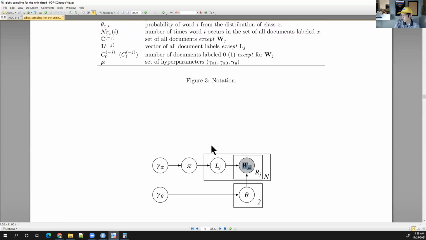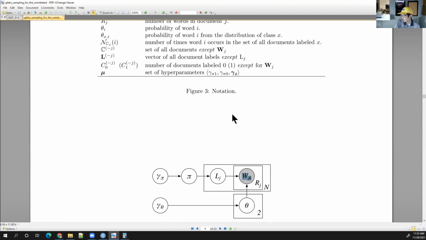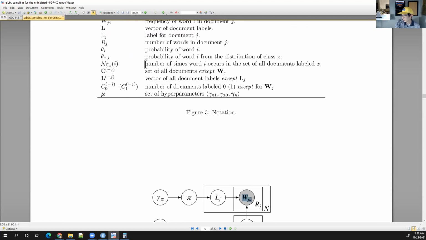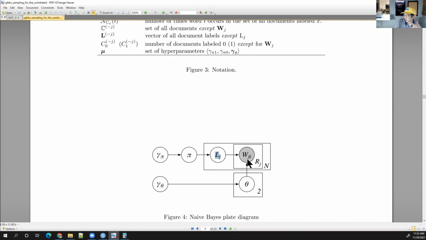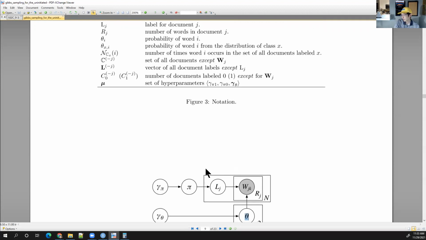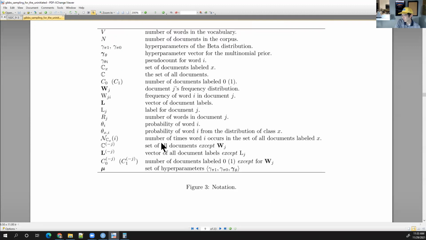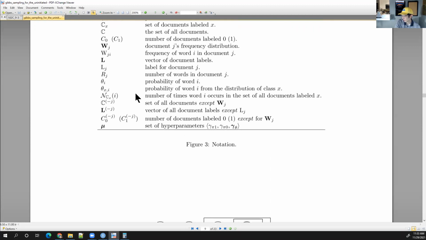This count is generated based on the label of the document. Okay, so it's either label 0 for apple, for fruit, or label 1 for, say, sports. Okay, and depending on the label, we have a different word probability vector.